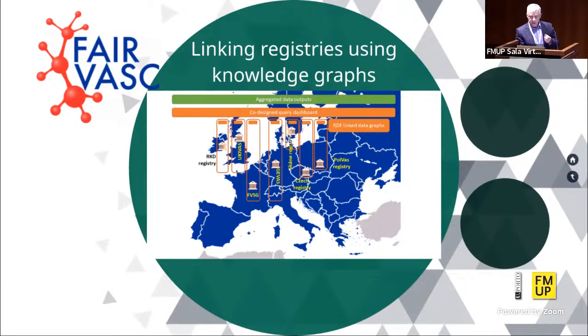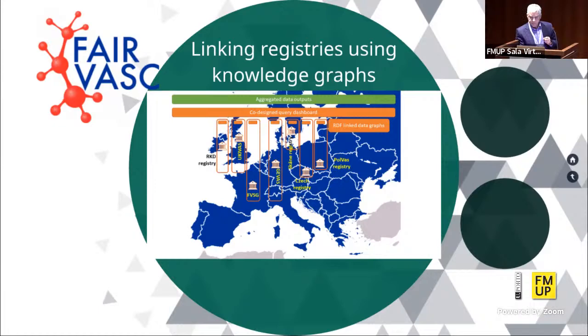So we're linking these together using knowledge graphs and RDF-linked data graphs to create a federated analysis framework, a single point of entry dashboard to analyze aggregated data. We are really quite at arm's length here. We don't get involved in the registries at all. They are managed themselves. We don't have anything to directly input into them.